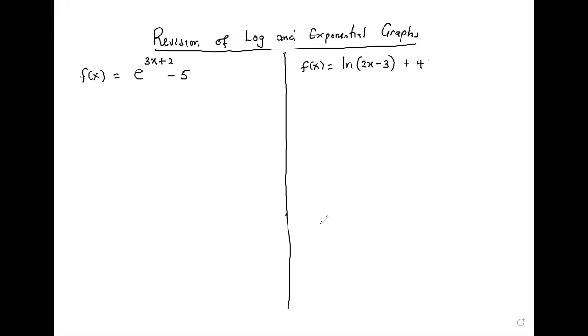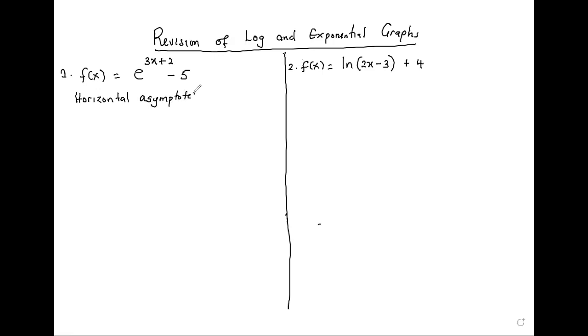So for the first one, f of x is equal to e to the power 3x plus 2 minus 5. These you find the horizontal asymptote.